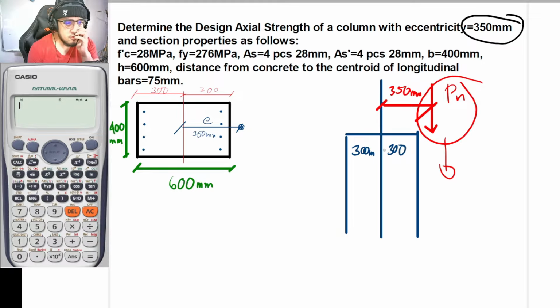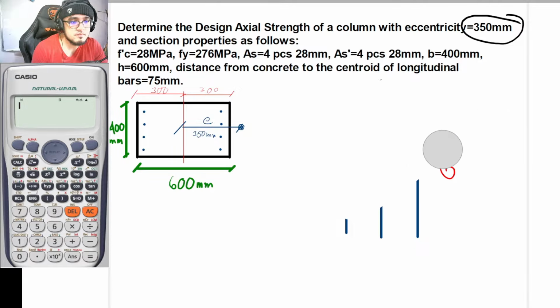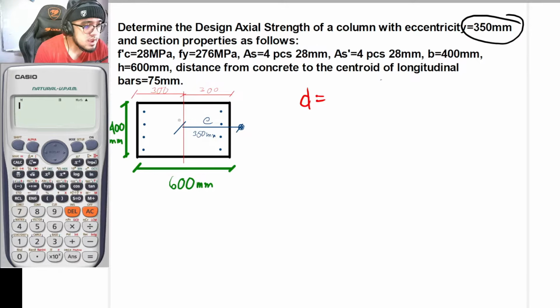Okay, so moving forward, let us now solve for what needs to be solved. What is now to be the value for your effective depth d? The effective depth d is the distance from your extreme compression fiber, the outermost compression fiber, up until the centroid of your steel rebars.